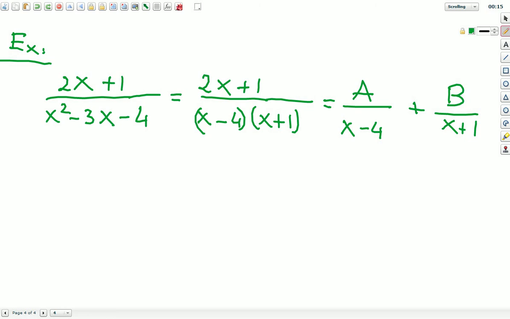Okay, so in order for us to find this A and B, we are looking for these numbers by making common denominators.